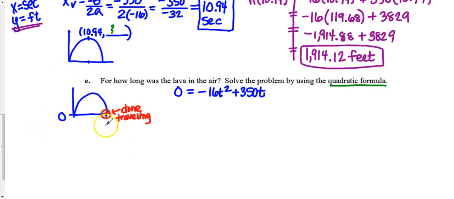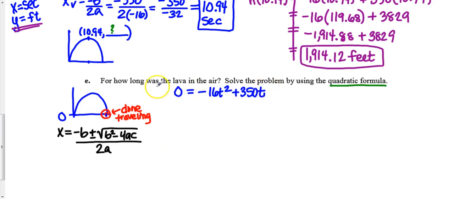Recalling the quadratic formula, I'm going to make a note over here. x equals negative b plus or minus the square root of b squared minus 4ac, all divided by 2a. Remember, to use the quadratic formula, the equation has to be set equal to 0.